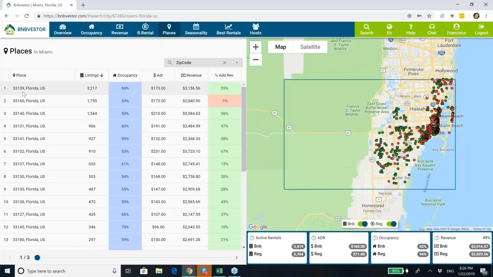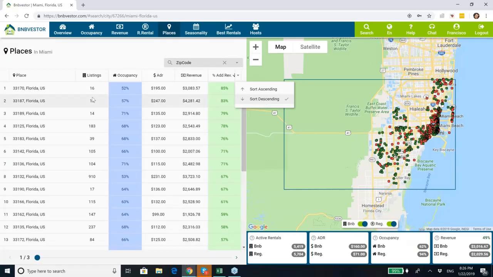This zip code, the 33139, is the one that has the highest occupancy. But is it the one that has the highest revenue? We check, I'm going to ask, give me the one with the highest revenue. And the system told me the one with the highest revenue so far is the 33170. It's not the one that has the most listings, but it's the one that has the highest revenue. And it doesn't have the highest occupancy either. So the system goes and tells you this is where the money is.